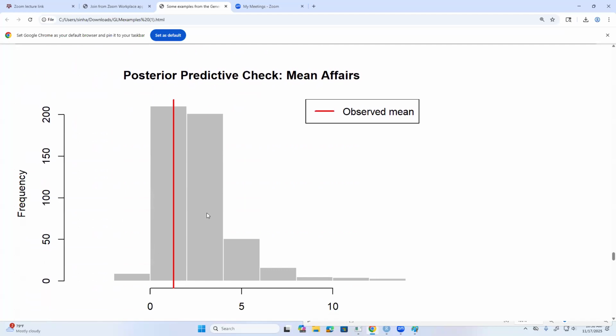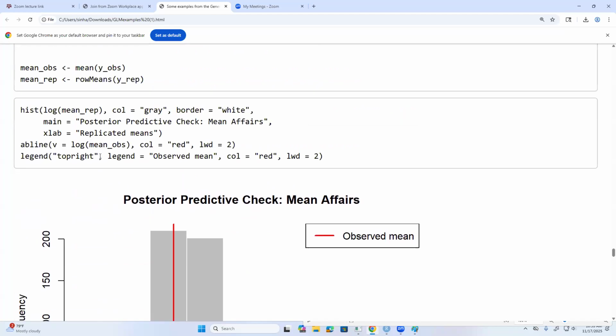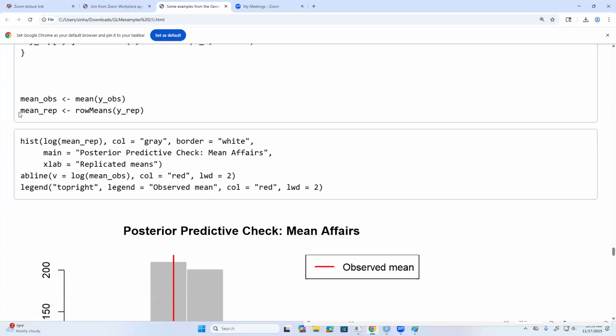So this one, I have 500 observations, right? y rep is a matrix with 500 rows.